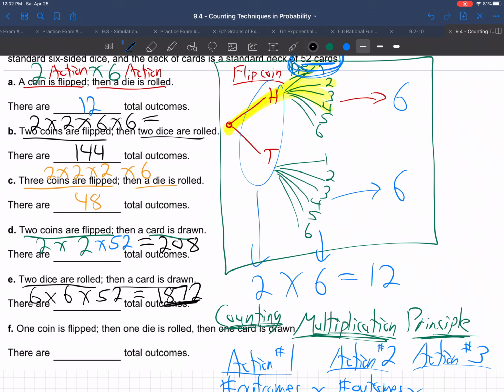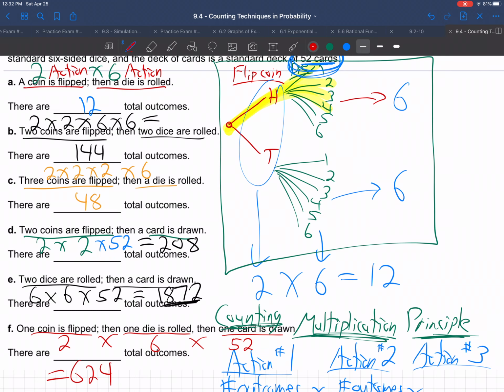Last one, coming down here, 1 coin is flipped, so that's 2 possibilities, times, and then a die is rolled, 6 possible outcomes, and then 1 card is drawn, 52 possible outcomes. 12 times 52, 624 total possible outcomes. So that's the counting multiplication principle.